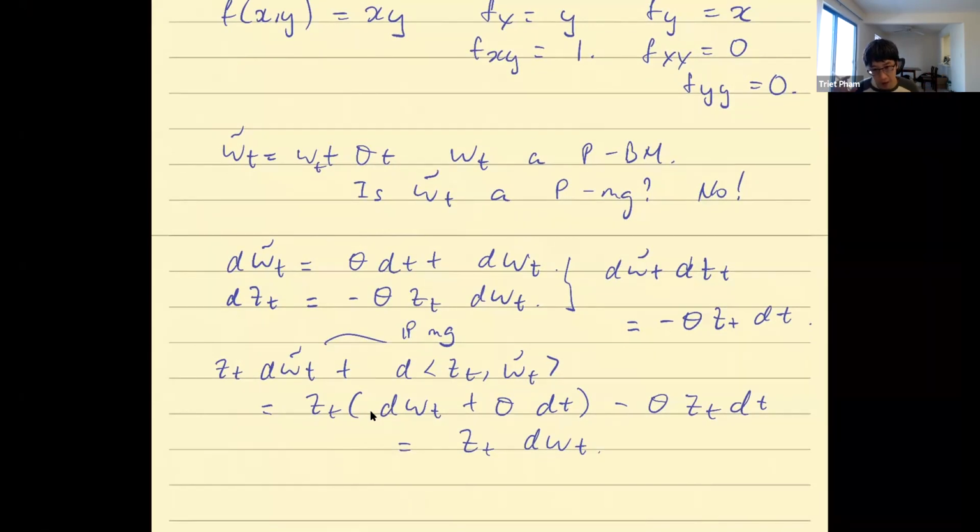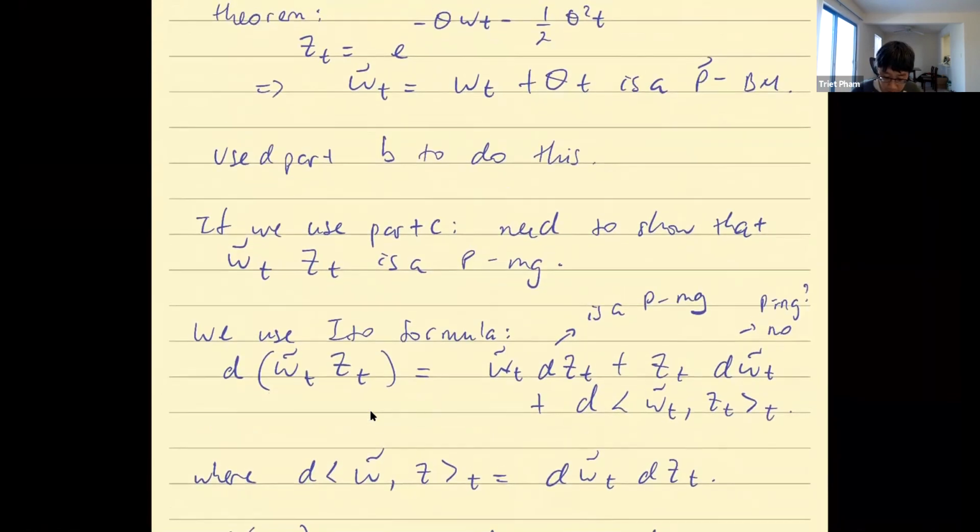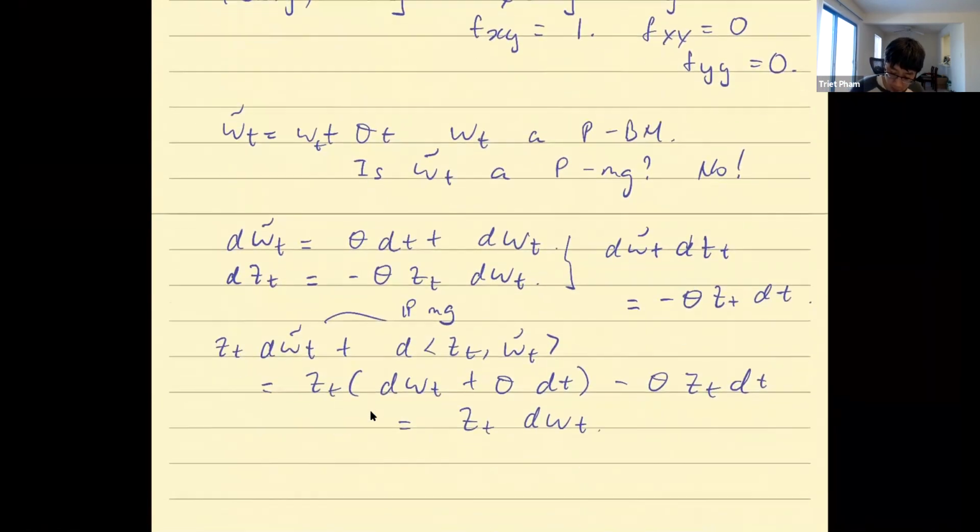It's just like keeping the blocks straight, what plugs into which part, and then using the right formula. But all in all, I was showing you an Ito formula approach to verifying that W tilde is a Brownian motion, rather than the expectation approach that you did before in your homework. Any question on this?